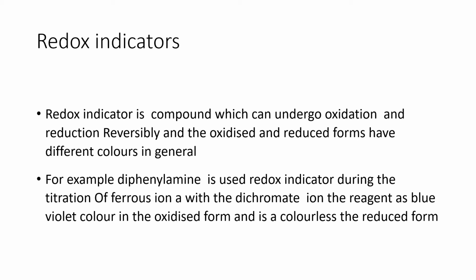For example, diphenylamine is used as a redox indicator during the titration of ferrous ion with dichromate. The reagent has a blue-violet color in the oxidized form and is colorless in the reduced form.